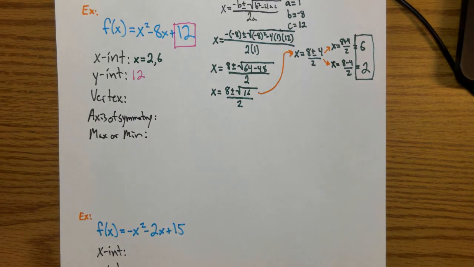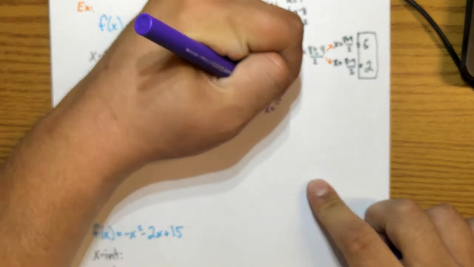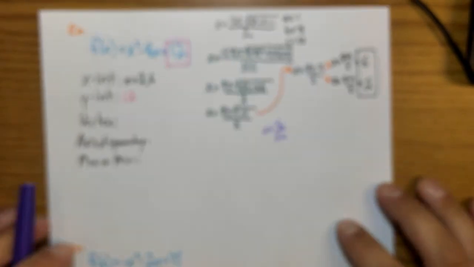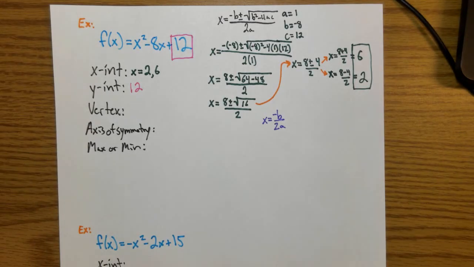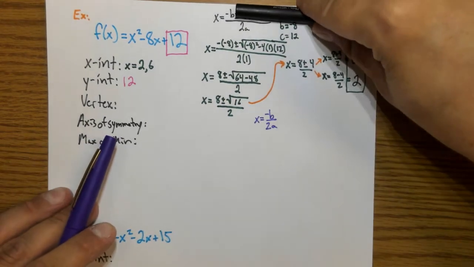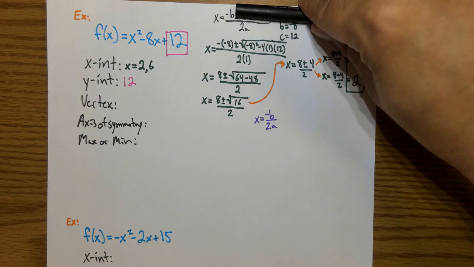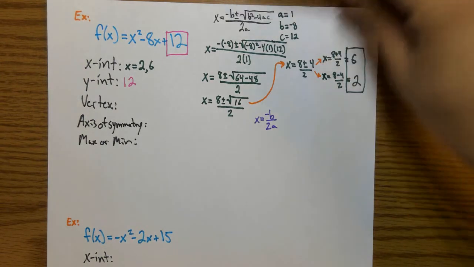The vertex, we're going to use the vertex formula. So recall that the vertex formula is x equals negative b over 2a, which, if you have been especially observant, you'll have noticed is the very first part of the quadratic formula, negative b over 2a.